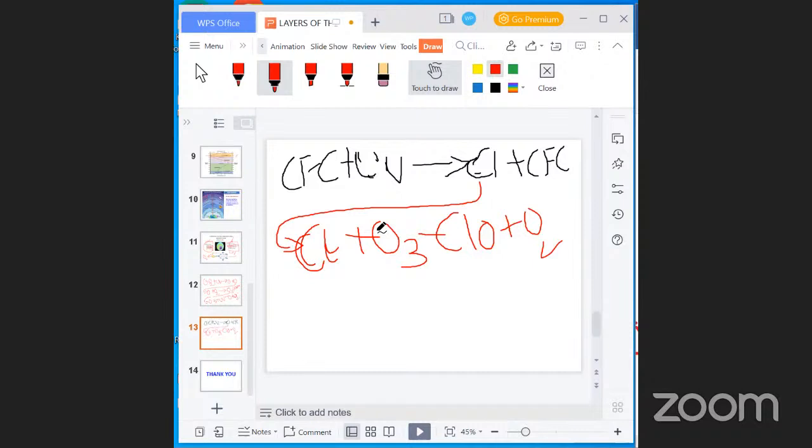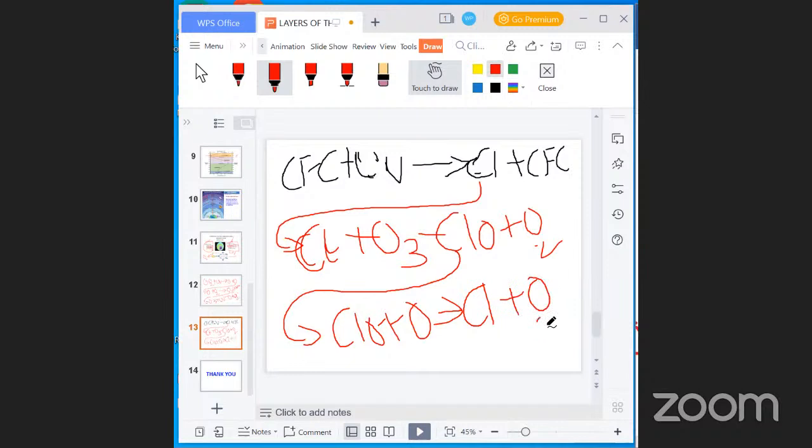So ClO plus O2, right? Then next, this ClO reacts with single oxygen. It gives chlorine plus O2. So these are the simple chemical equations.